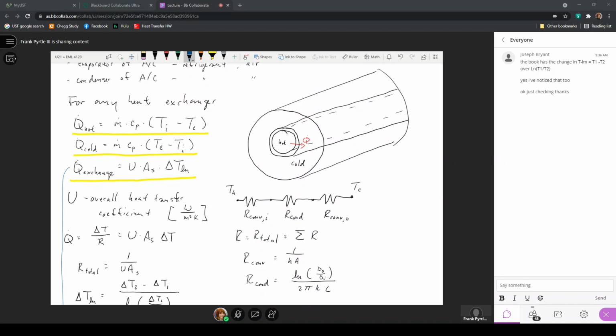Now, in chapter 11, again, we're pulling together concepts from chapter, I think that was 3, for the construction of resistance networks, where particularly we're taking into account the conduction resistance through the solid and the convection resistances.